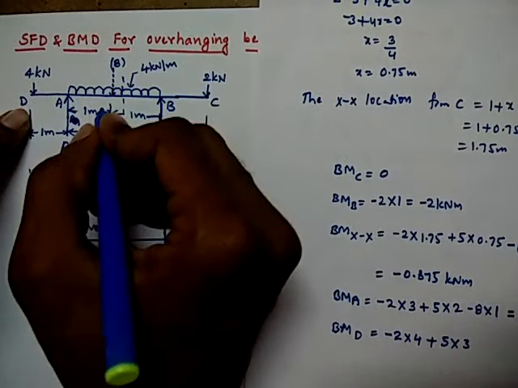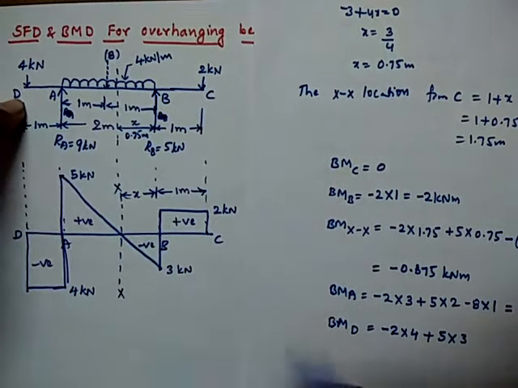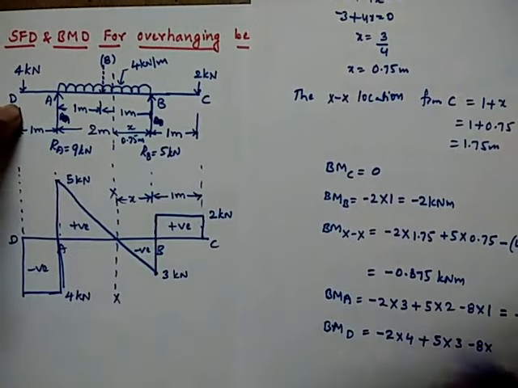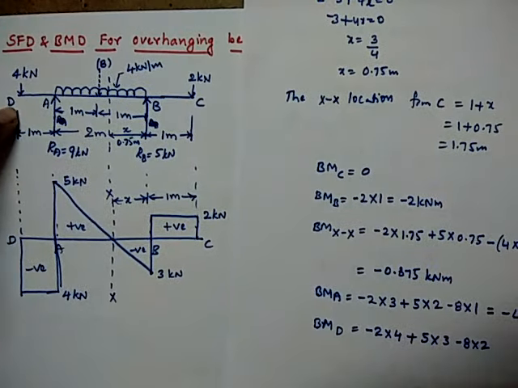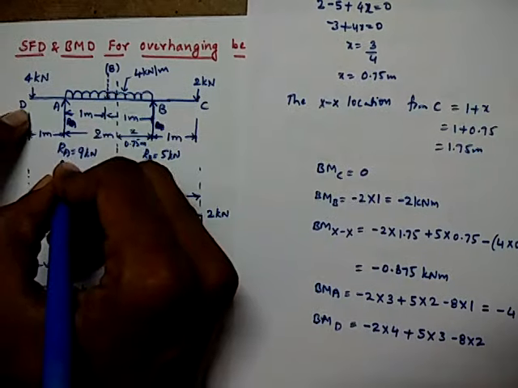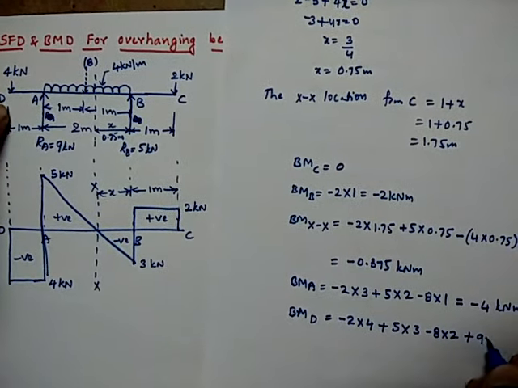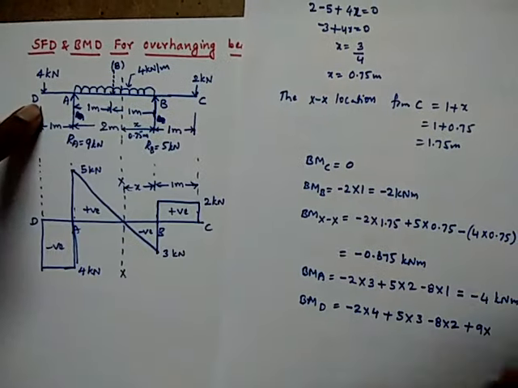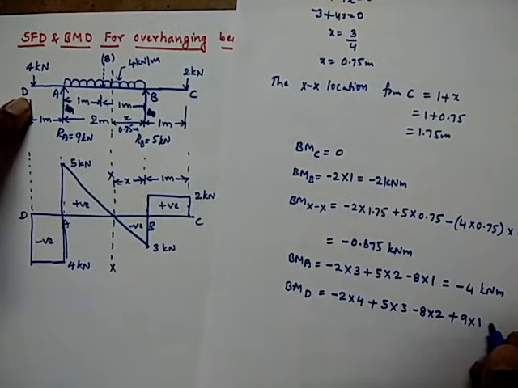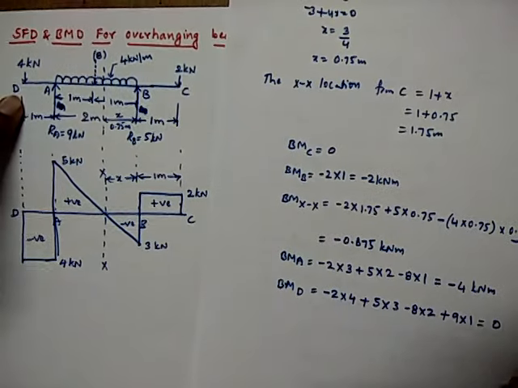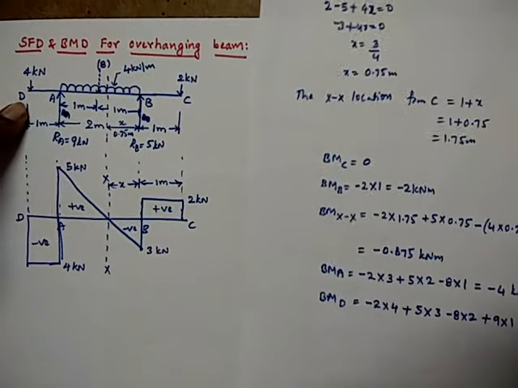Next we have replaced this UDL, so this will create a negative, minus 8 into distance, which will be 1 plus 1, 2 here. And RA will create positive, so plus RA, and the RA value is 9, and the distance from here to here is 1. So when you simplify this, we will get this as 0. So this is the bending moment value.